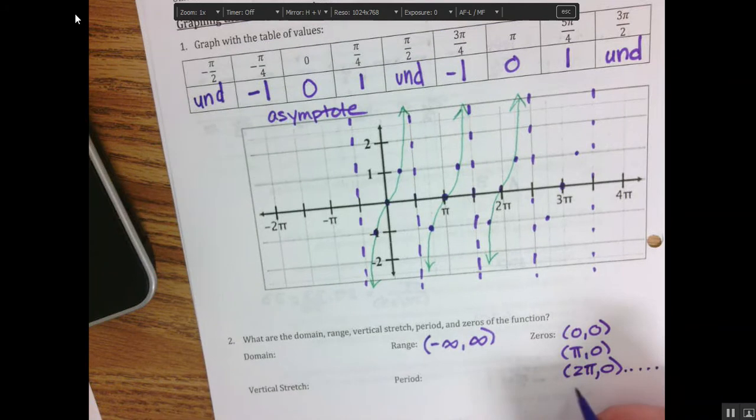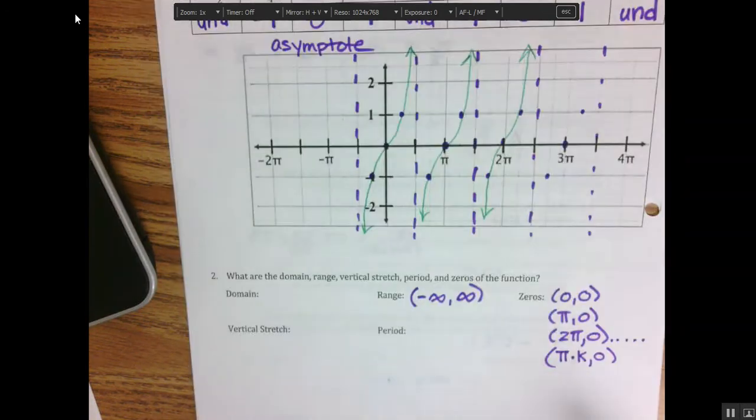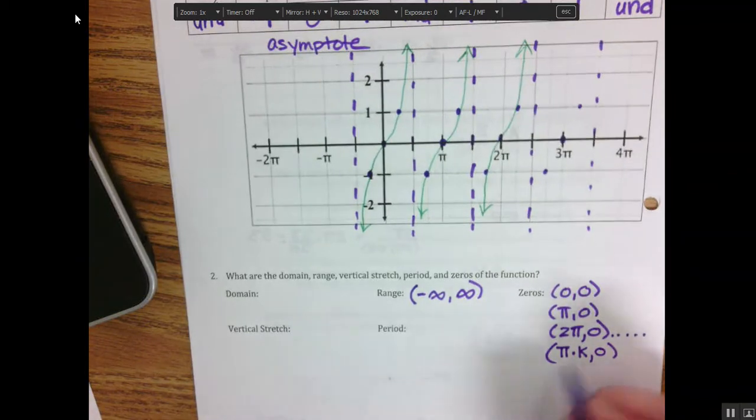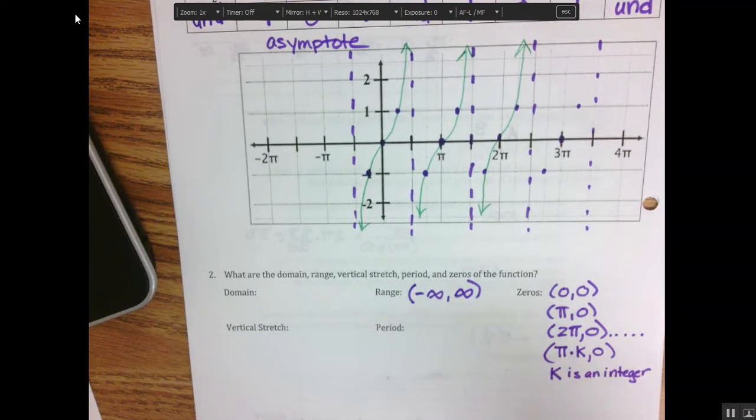So I'm going to say pi times some k. Okay, that means any number times pi, like 1 pi, 2 pi, 3 pi, even negative 1 pi or negative 2 pi. So pi times k if k is an integer. Okay?